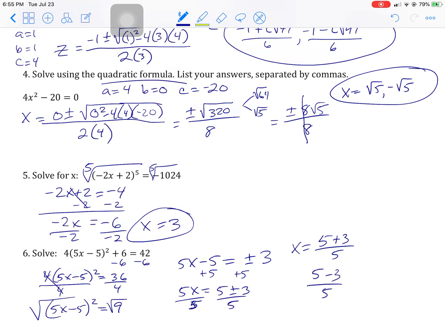Order of operations says add the 5 and 3 together. Give me a minute. I want to make sure I did this right. That was a positive. That was, yeah, okay. So this is going to be 10, not 10, excuse me, 8 over 5, and this one's going to be 2 over 5.